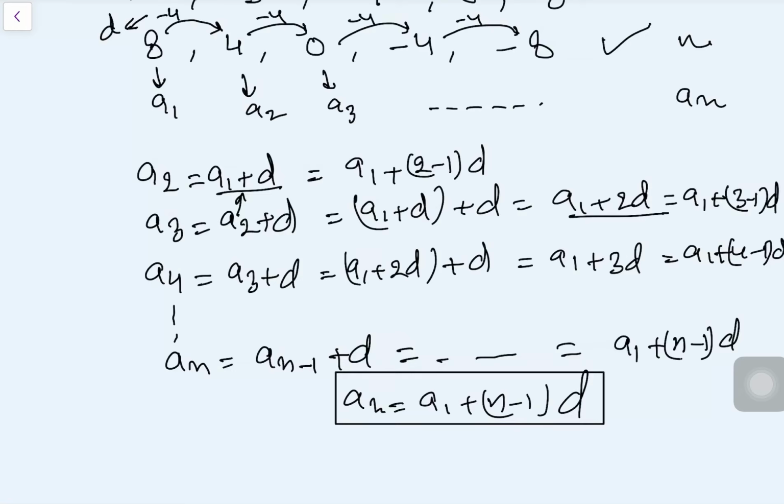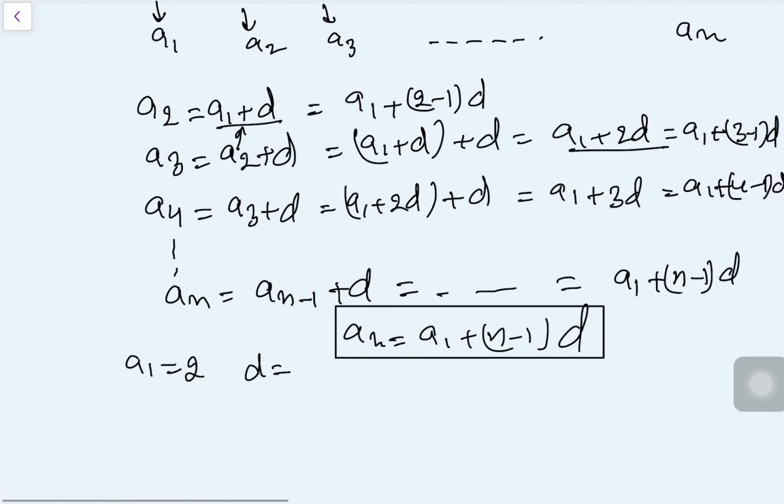For example, let's say A1 is 2 and the common difference is 3. So what is the 10th term? N is equal to 10. So what is An?